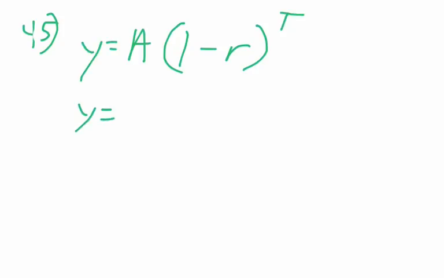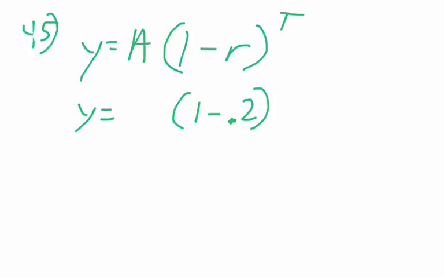45 says that a car depreciates, or loses value, 20% every year, which means that we're going to have 1 minus r inside here. This is the formula we're going to use. So in this case, the r is 20%, so I'm going to write it in as 0.2.